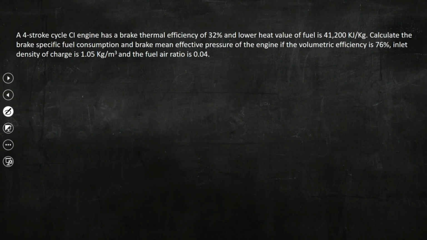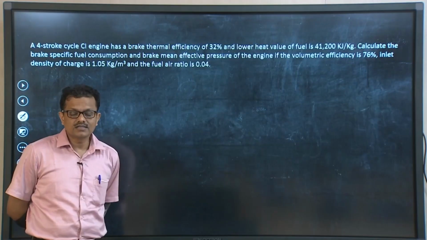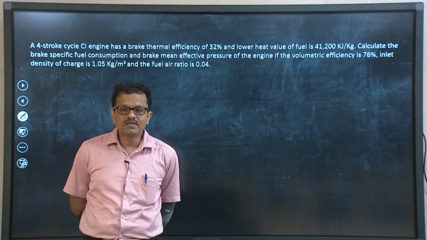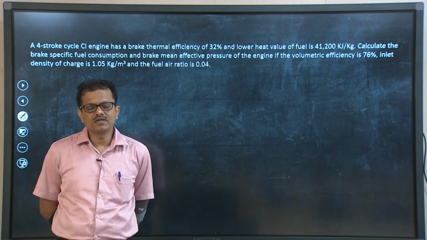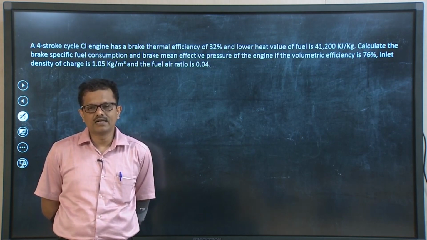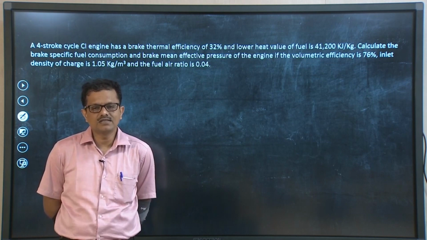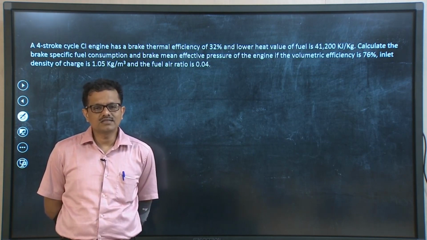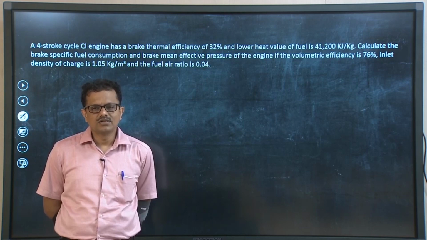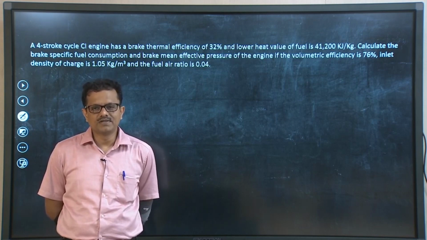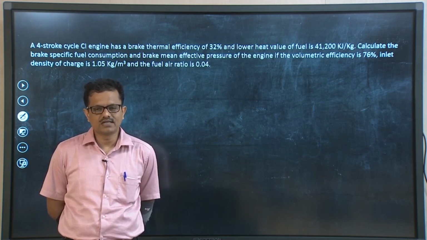Though we are yet to discuss several efficiencies of internal combustion engines, we could discuss the brake thermal efficiency when we discussed parameters like brake horsepower, indicated horsepower, brake power, indicated power, etc. In the last 2-3 classes we established the thermal efficiency of both Otto and diesel cycles.